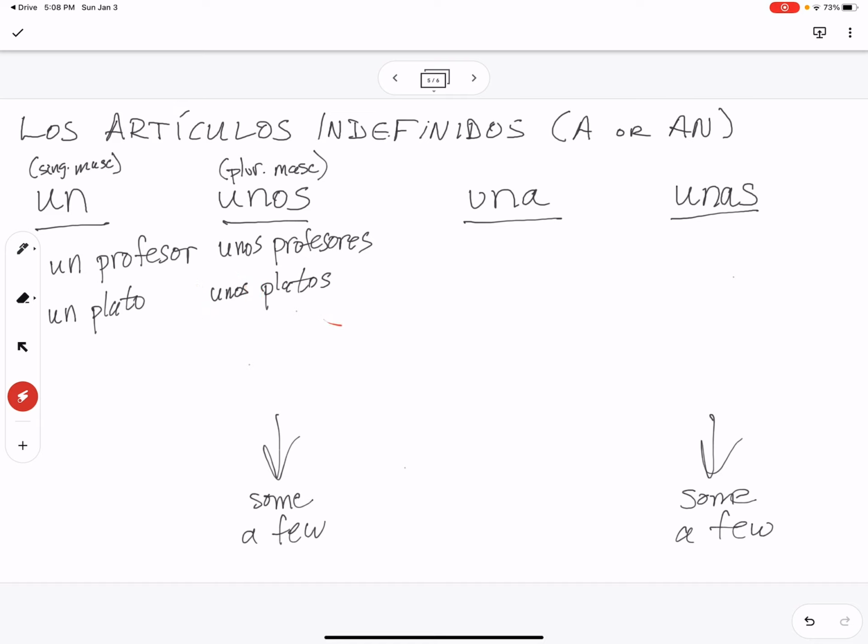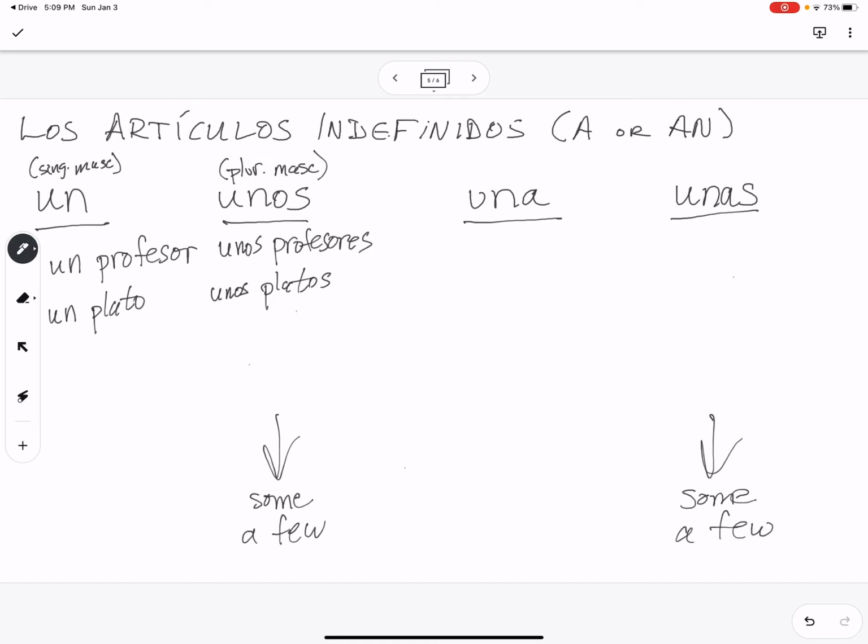I don't know exactly how many. It could be 5 or 6 or 7, but I just know it's more than one. So, grab a few. That would be unos platos. Both are masculine. Un is singular, and unos is plural. Remembering that unos means some or a few.